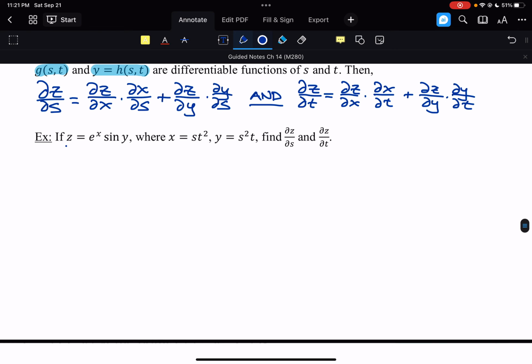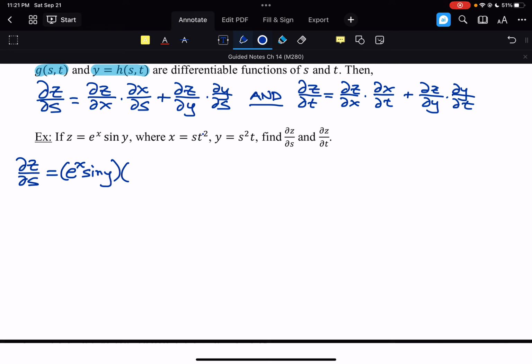So we have z is e to the x sine of y, and x and y are both functions of s and t. Find these two partials, z with respect to s and z with respect to t. So partial z with respect to s. Partial with respect to x here is e to the x sine of y times partial x with respect to s.